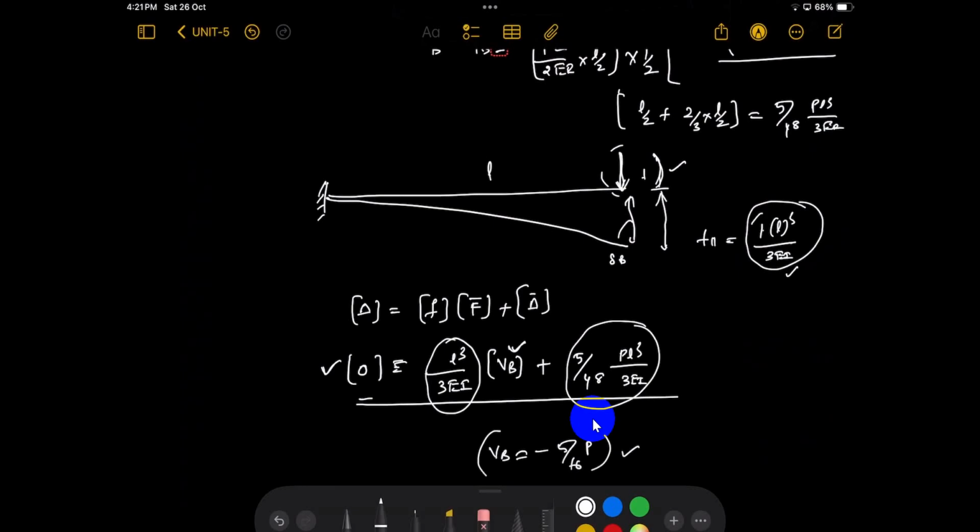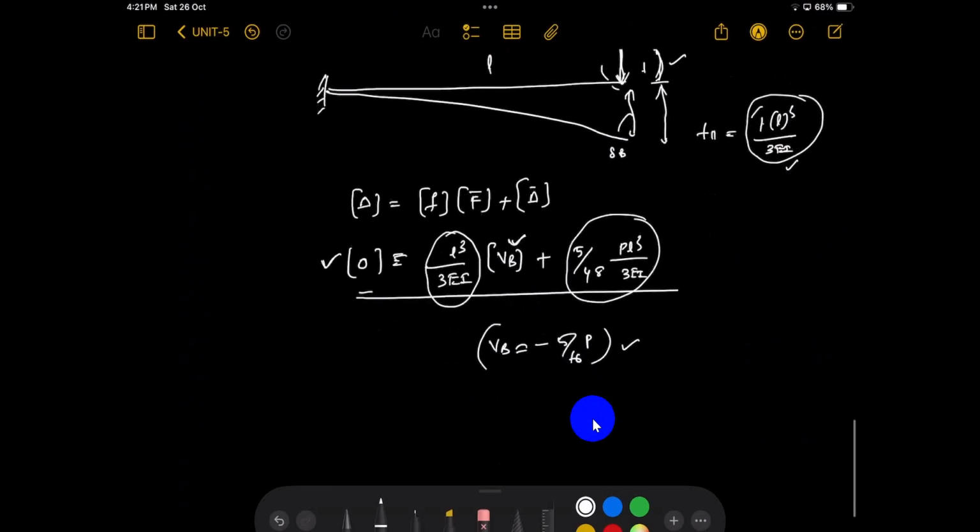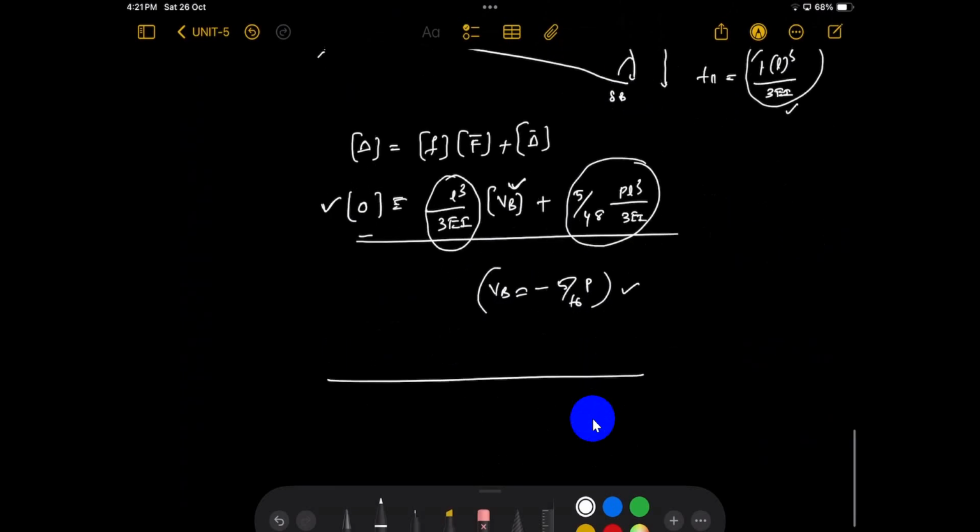Once you get the VB value, the remaining you will get simply.